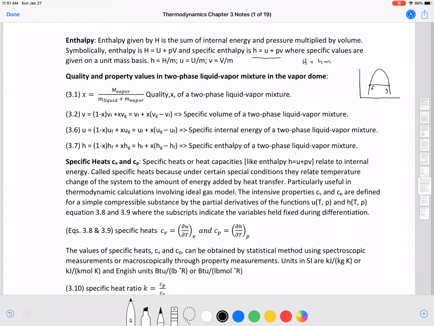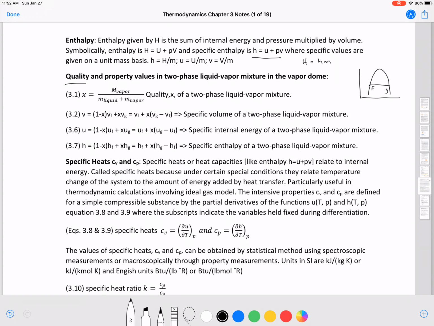And so we use something called quality. We use the symbol x to represent quality, and it's equal to the mass of the vapor in the system divided by the total mass of the system, or mass of the liquid plus mass of the vapor. And that's what x is.